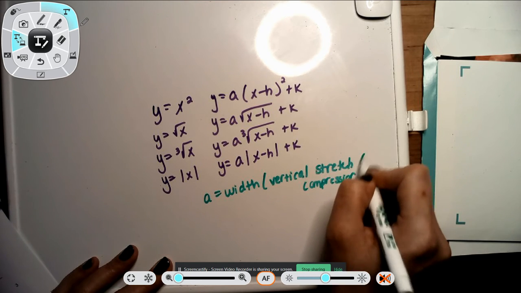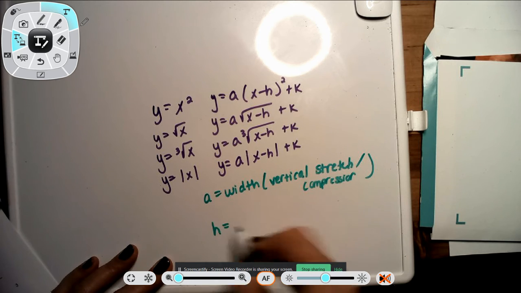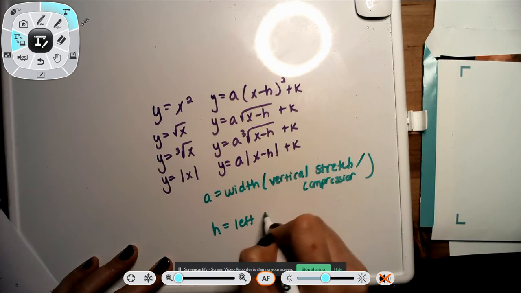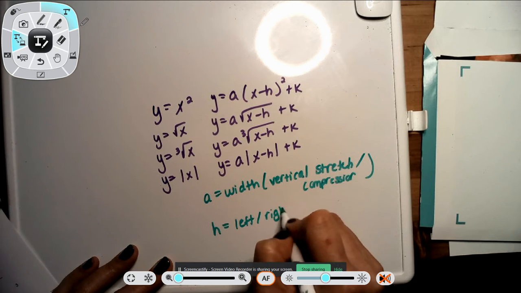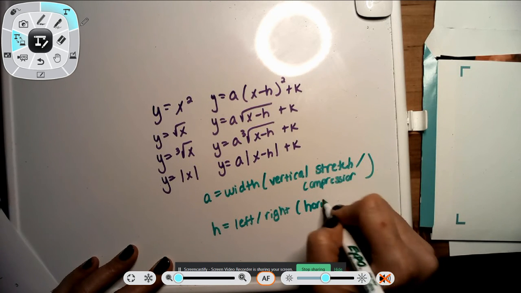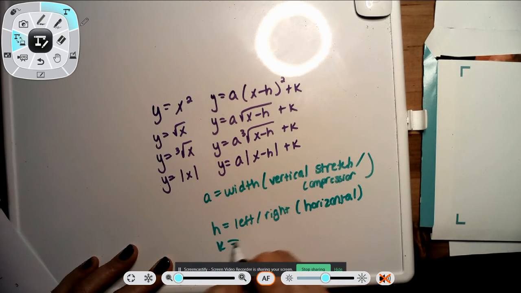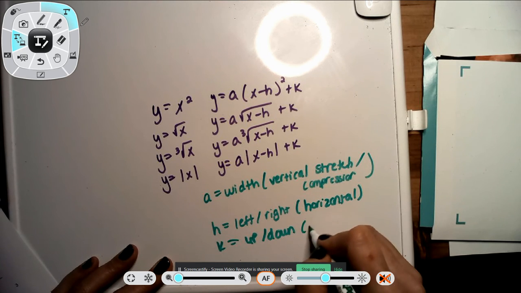Okay, a vertical stretch or compression. h is left and right. Okay, left and right, horizontal. And then k is up and down, and that's our vertical.